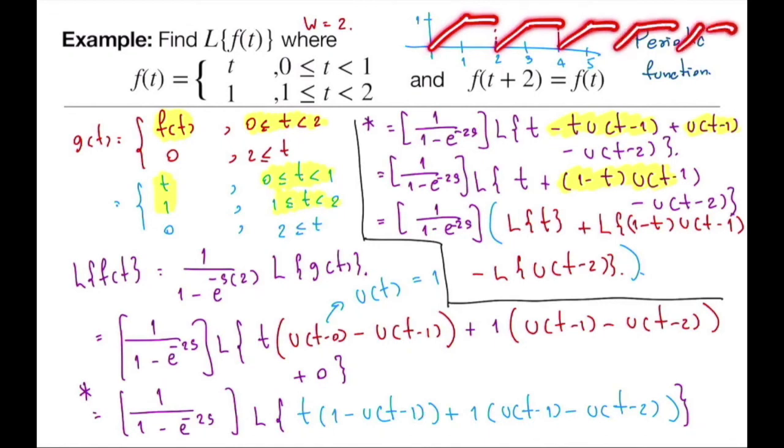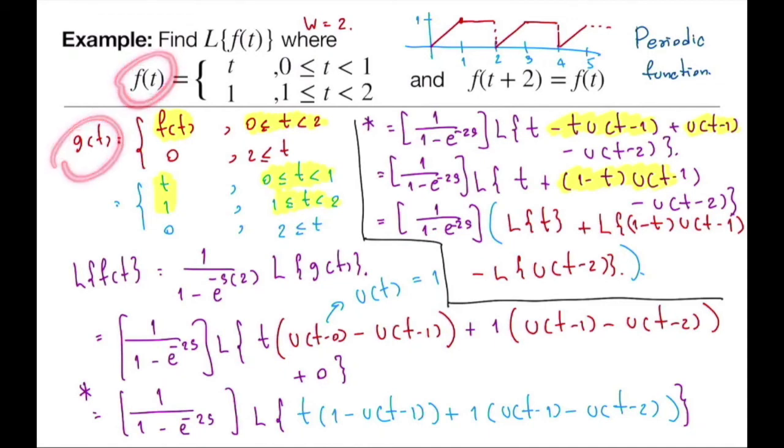So g of t is f of t only on the first piece, from 0 to 2. Don't forget, our period is 2, and it's 0 when t is bigger than or equal to 2.